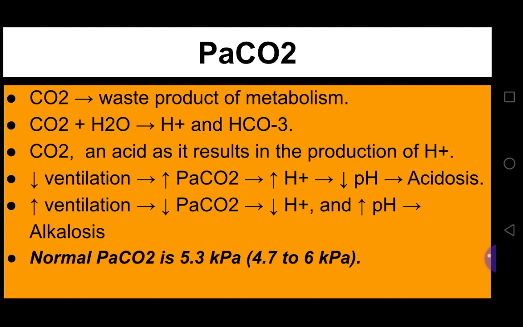And in hyperventilation states, plasma carbon dioxide concentration falls, and it results in a fall in production of hydrogen ions, and thus the pH goes up, that is, blood becomes more alkaline. The normal PaCO2 is 5.3 kPa, and the range is between 4.7 to 6 kPa.